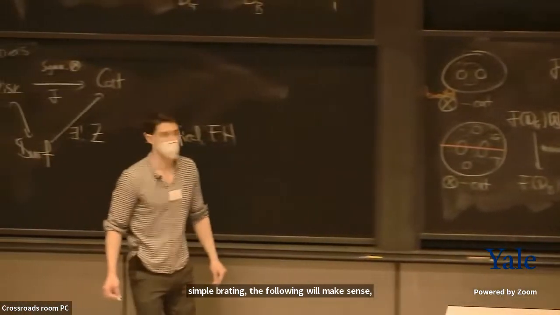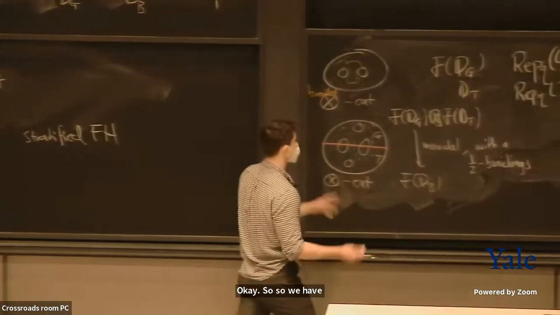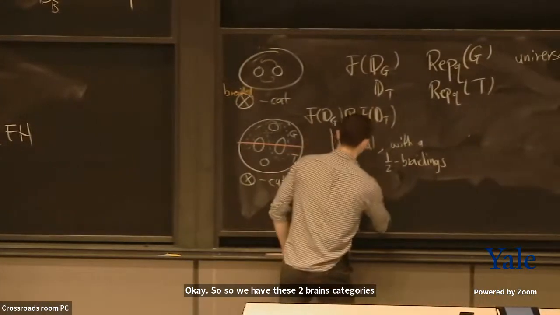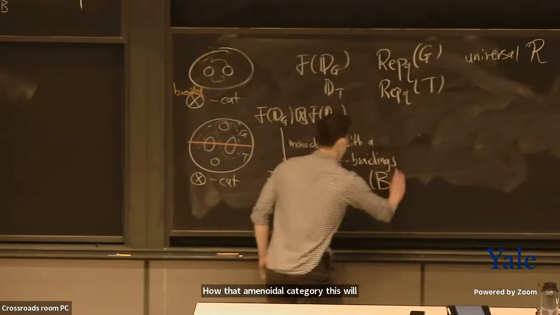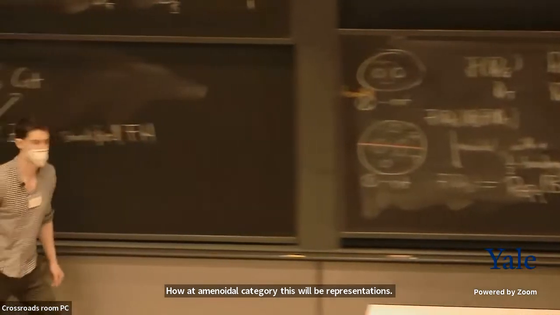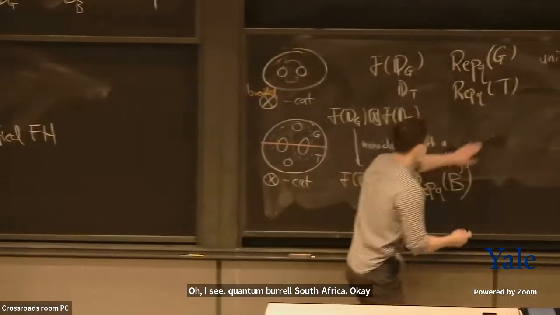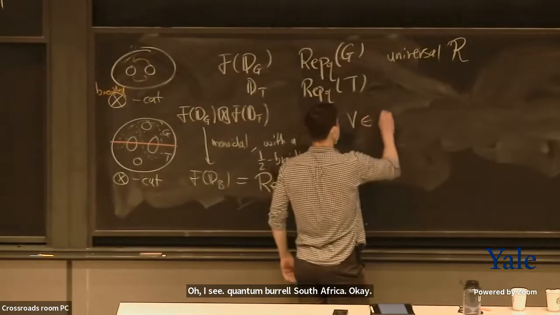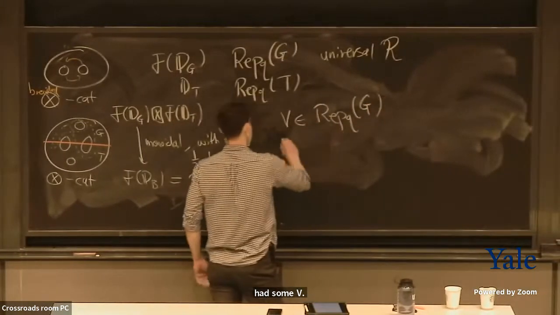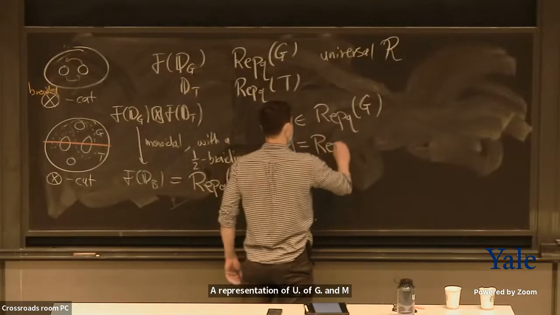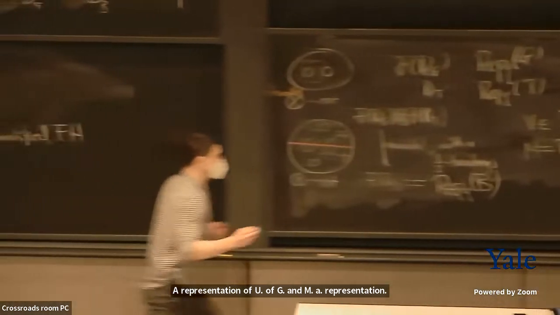Good. So we have these two braided tensor categories. How about our monoidal category? This will be representations of the quantum Borel subalgebra. Now what is this half braiding? Imagine I have some V, a representation of U_q(g), and M, a representation of U_q(b).